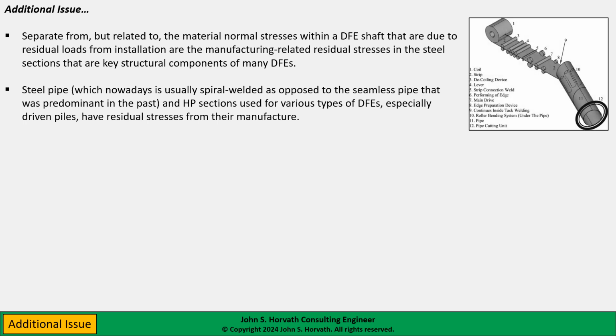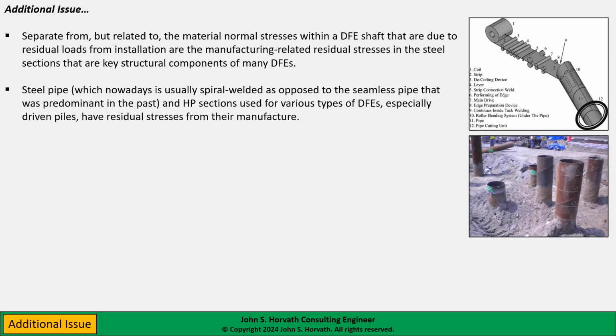And we can see that by the way that spiral welded pipe is made, right? You start out with normal coil steel, it's sent through rollers, it is twisted into a circular shape, and then the butt joints between these twisted sections of steel are welded together. And this is the final result you get.